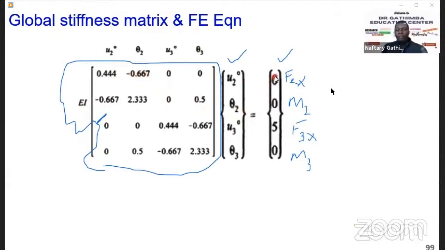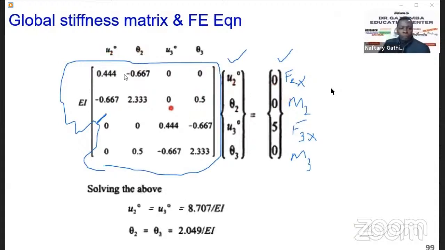That's a simultaneous equation in just two unknowns. Using the first row and the second row, we have unknowns U2 and theta 2, so you can obtain their values. Then U3 and theta 3 are obtained by solving this matrix equation.